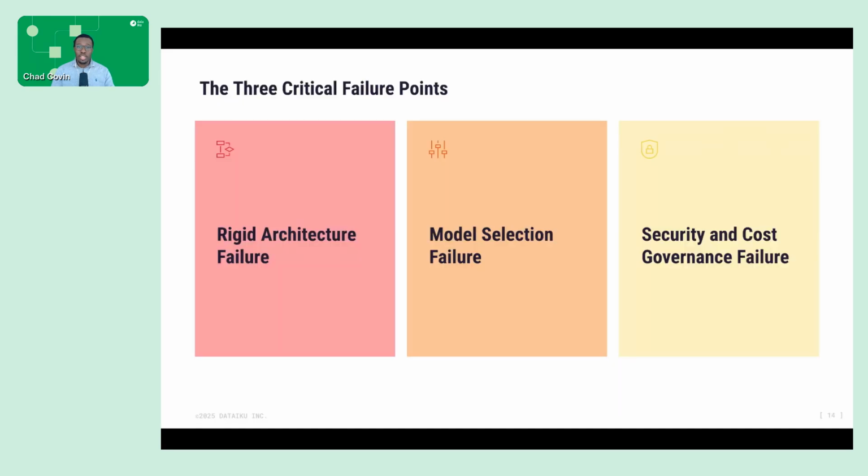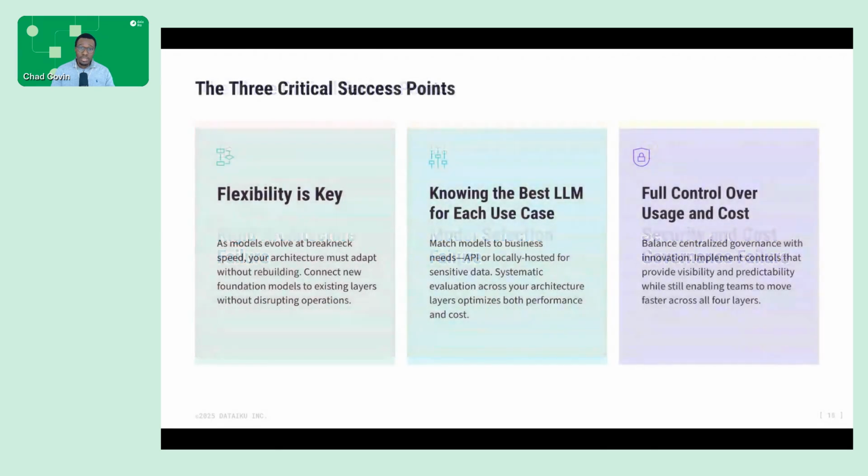So now we understand the 3 critical failure points of ineffective architecture. So naturally, the success points are the inverse to have a modernized AI architecture. The first key is flexibility. As we've seen, models evolve at breakneck speed, so your architecture must adapt without requiring complete rebuilds. This means creating a foundation that connects new models to your existing layers without disrupting operations.